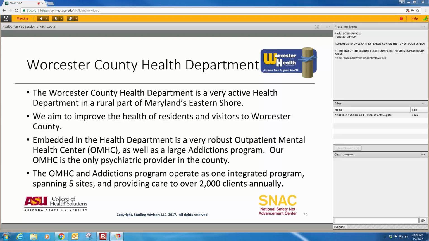We also do adult treatment. We're the only provider of psychiatry in our county. We operate our behavioral health services across 5 different locations. We have mental health addictions. We have psychiatric rehabilitation. We have targeted case management, all wrapped up under one integrated unit. So we try to very much be on the forefront of integration.